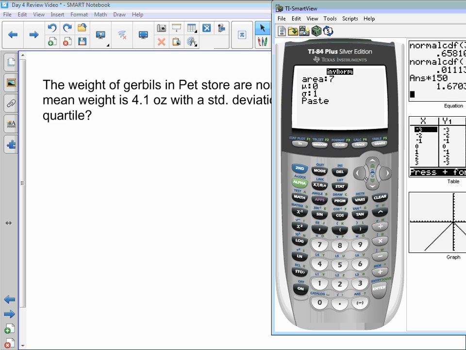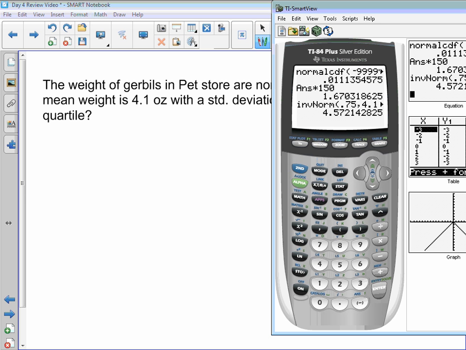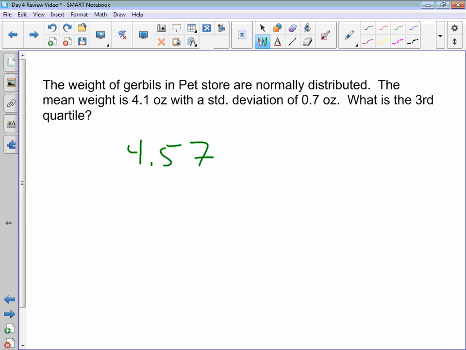The third quartile is the 75th percentile. Our mean is still 4.1. Our standard deviation is still 0.7. And so we would expect the third quartile, Q3, to be a gerbil weighing approximately 4.57 ounces.